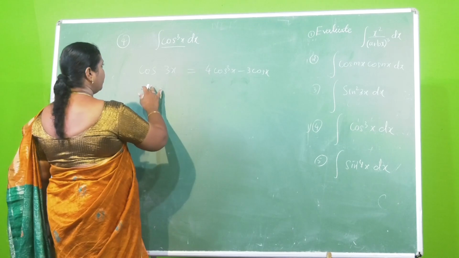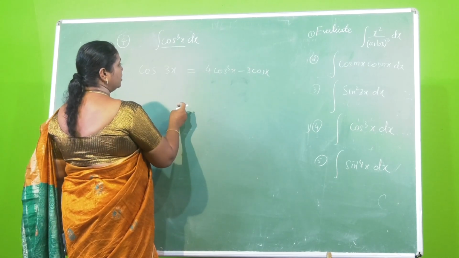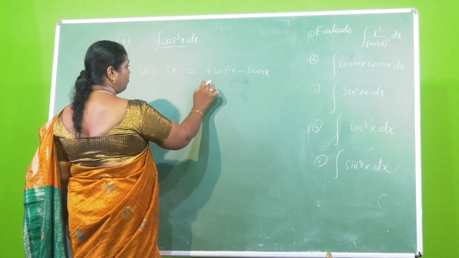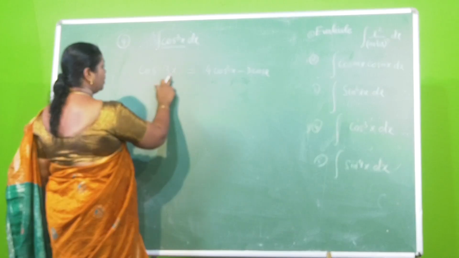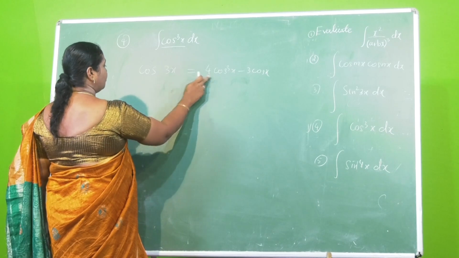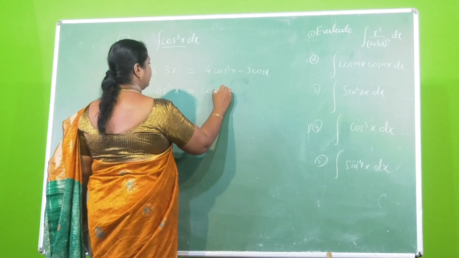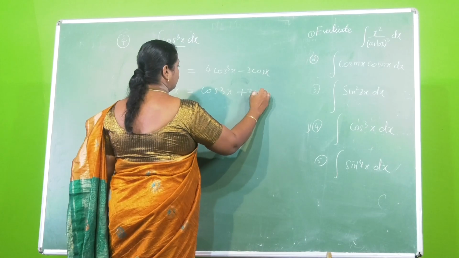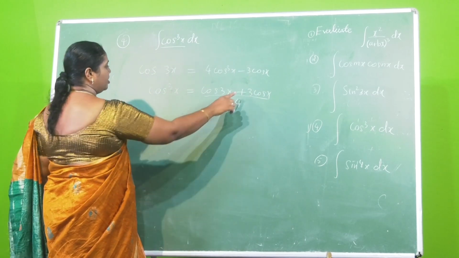Okay, so that's why in the last problem we used the formula involving the square term. Here we have a cube, so that's why we are going for the formula for cos 3x. So from this, what is cos cube x? It is nothing but cos 3x plus 3 cos x divided by 4.